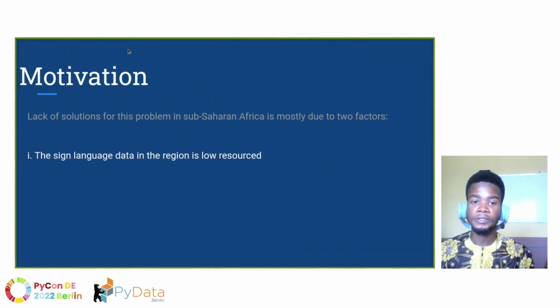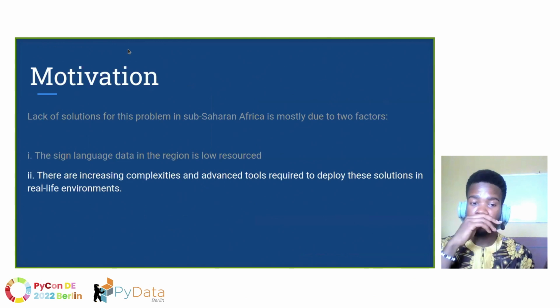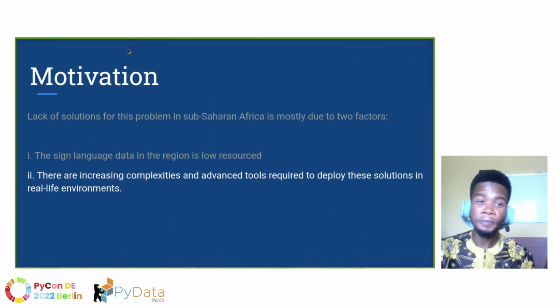Secondly, there are increasing complexities and advanced tools needed to deploy some of these solutions in real life environments. For example, some solutions require smart gloves, kinetic gloves, and in a region where the standard of living is a little bit lower than average, being able to make use of these complex tools might be a far reach.